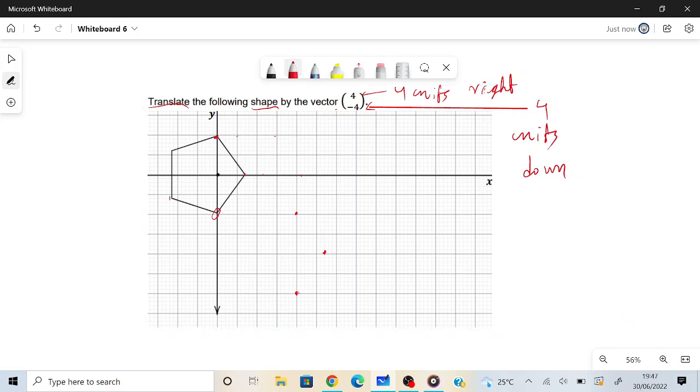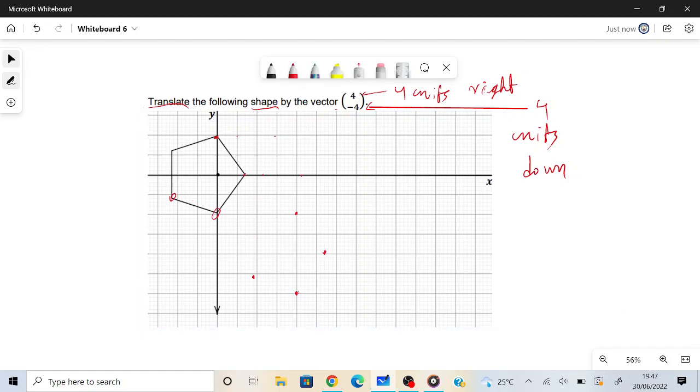Now let's take this point over here. So again, not going to be most accurate, but 1, 2, 3, 4 to the right, and then 1, 2, 3, 4, somewhere there.